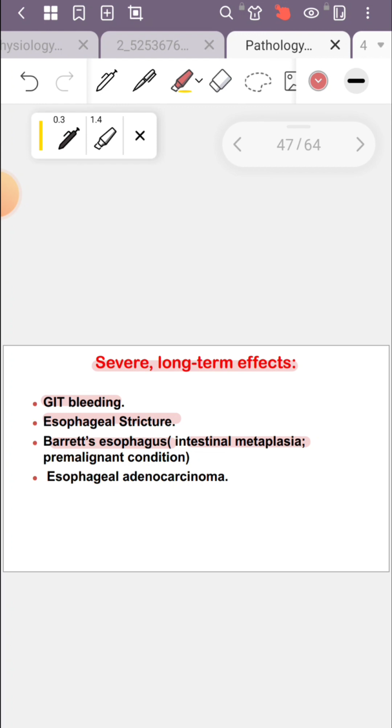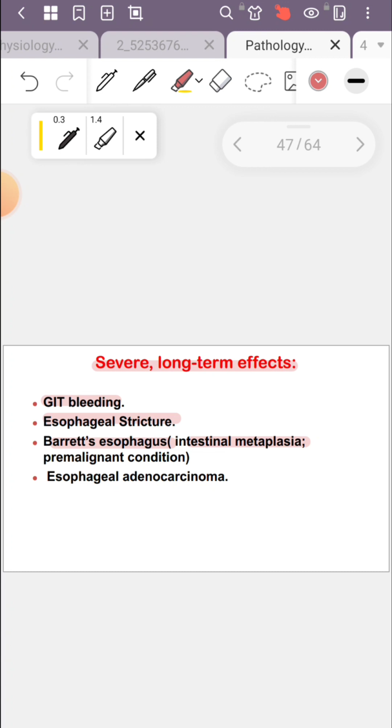So this is a metaplastic change, which is pathological and can result in dysplastic change even and development of lower esophageal adenocarcinoma. This is the most common type of adenocarcinoma in the West.